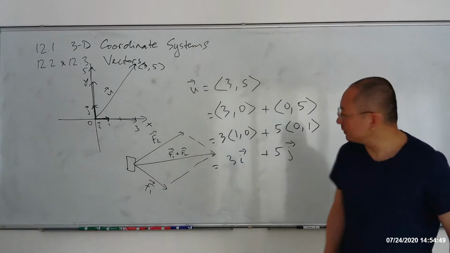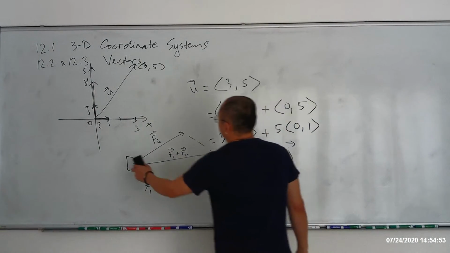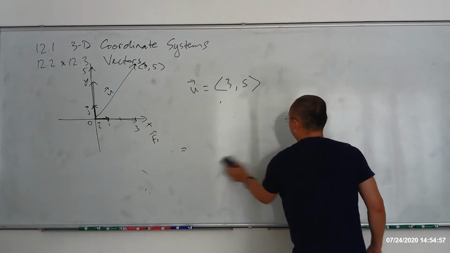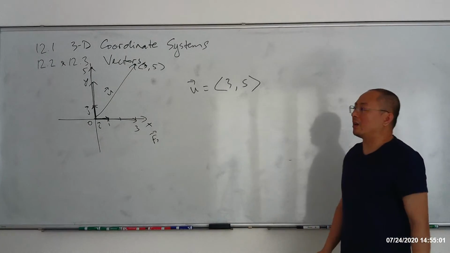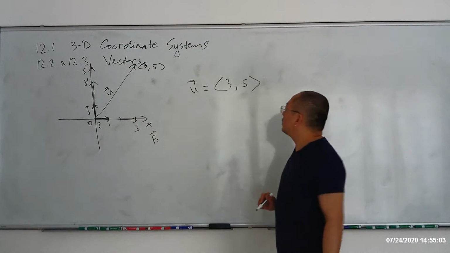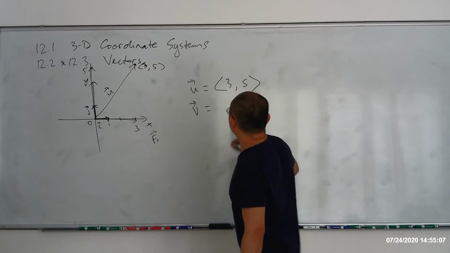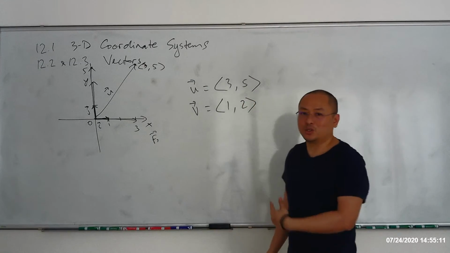All right. Now, let's recall something called the dot product. The dot product is a numerical value you get when you multiply two vectors together. Say u is 3, 5, and I have another vector v, how about 1, 2? In 2D, right?